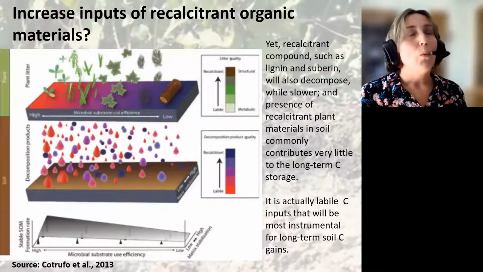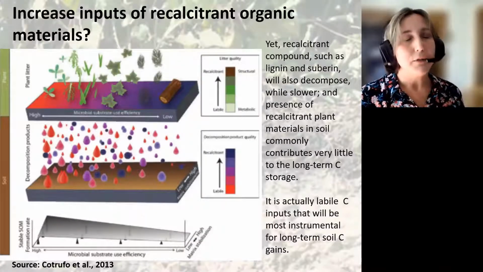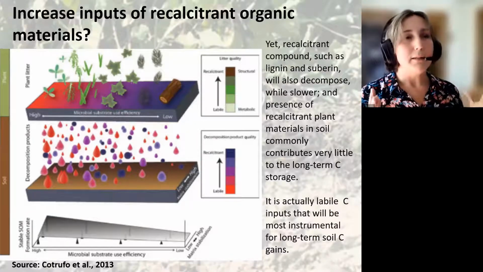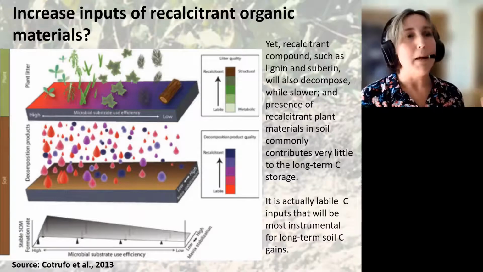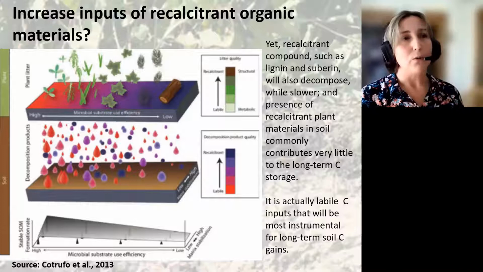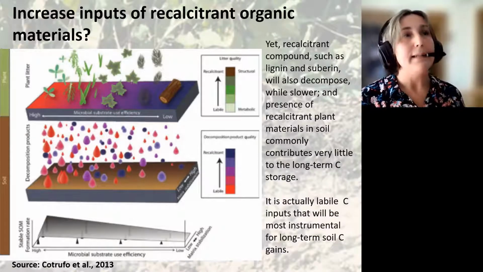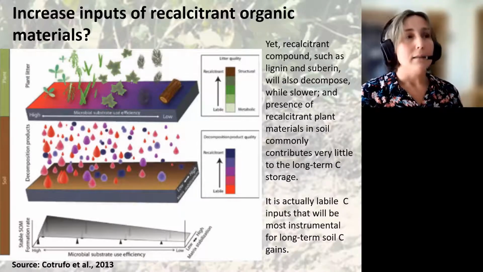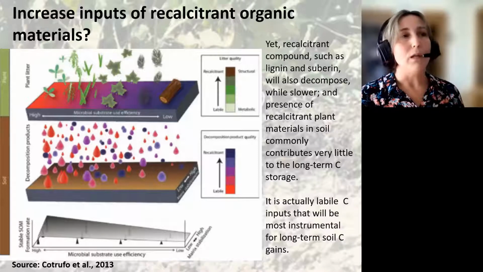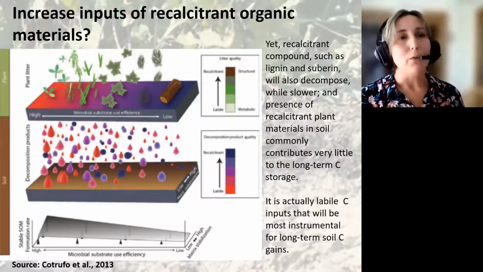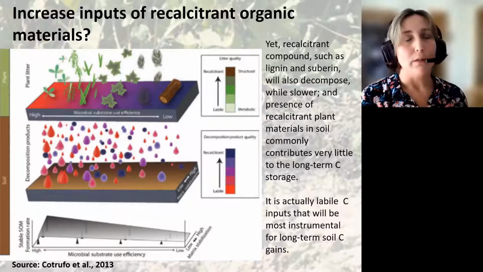But what has been relatively recently demonstrated, and kind of put in place as a picture of what kind of inputs matter most for promoting soil organic matter gains, is that the recalcitrant inputs really don't work that great. They will be eventually decomposed, maybe slower, but they will be gone, and they do not contribute that much to the long-term carbon gains.